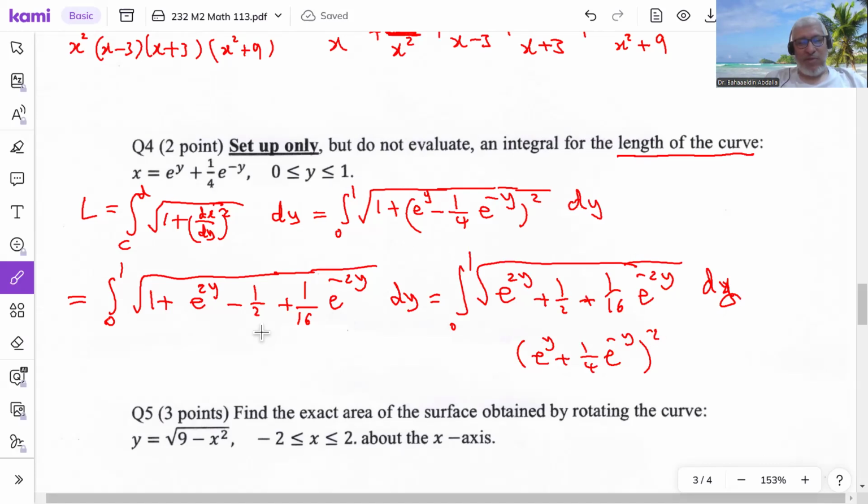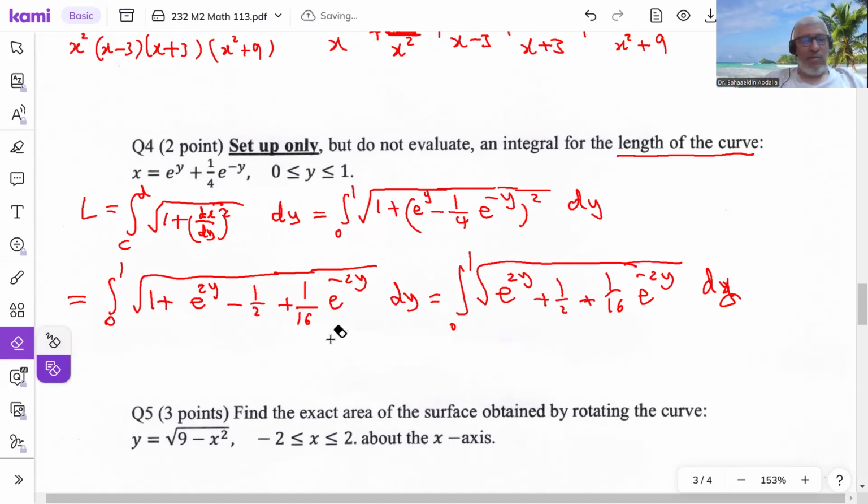And now the only difference between these three terms and these three terms is that this is negative half and this is positive half. So this would be like this under the square root, then the square root cancels with the 2, and we will have this inside the integral, and this is easy to evaluate to find the integral. But he didn't ask to continue, so this would be my final step.